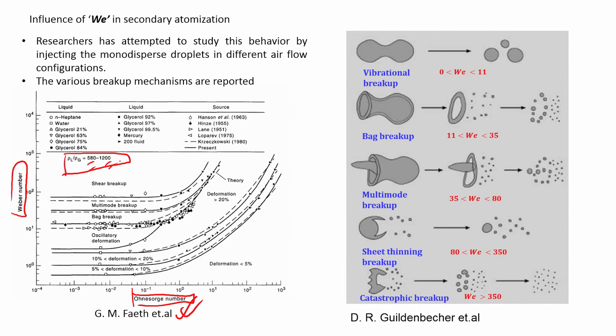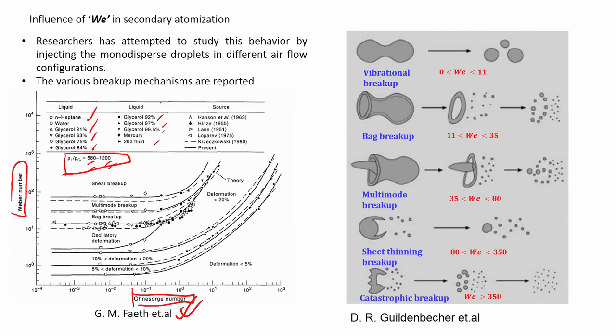So 1000 would be like water, and there are fluids which go a little below and a little higher. They did it for all kinds of liquids like n-heptane, water, and glycerol, which is a very viscous fluid.